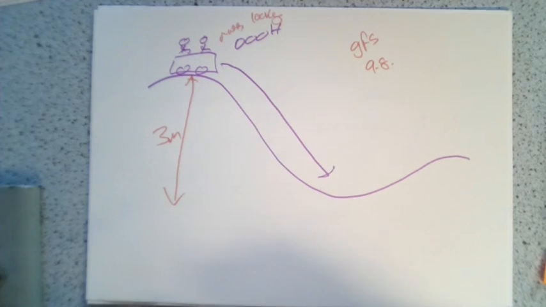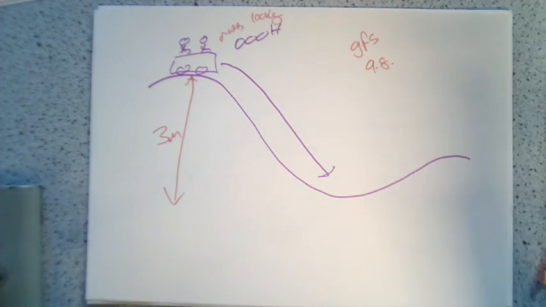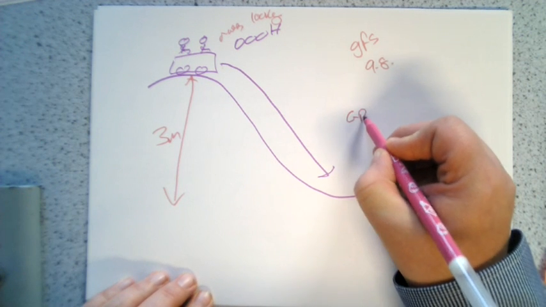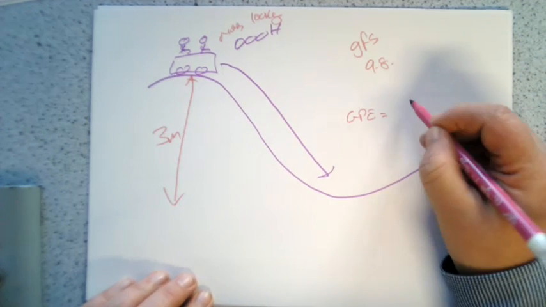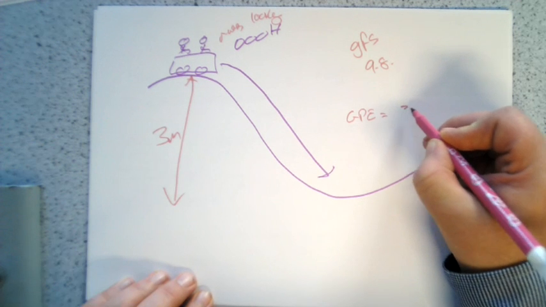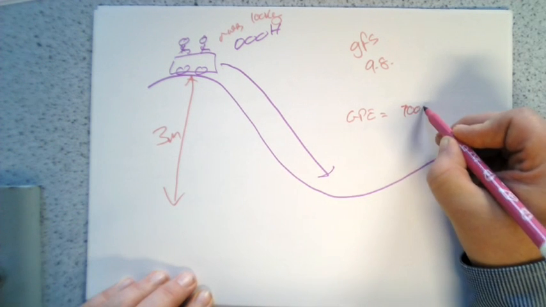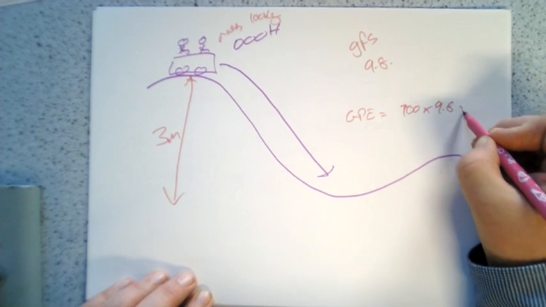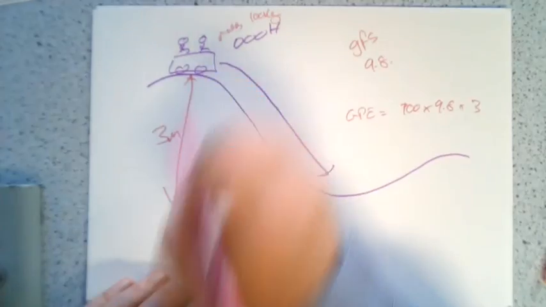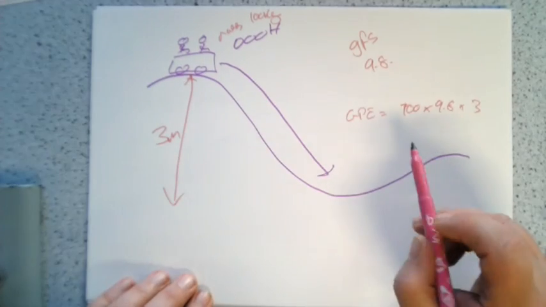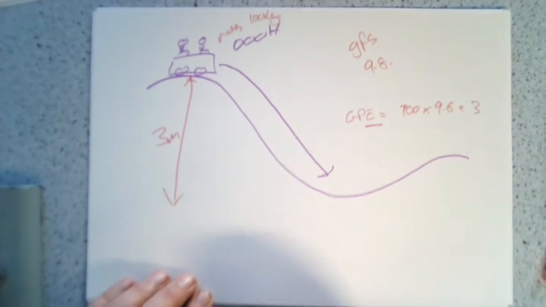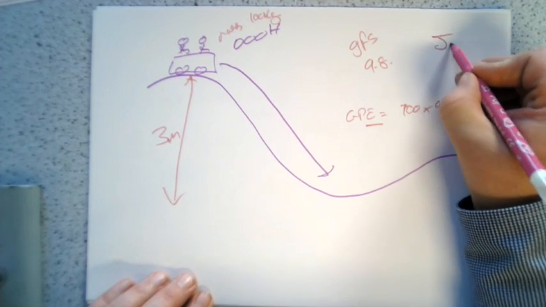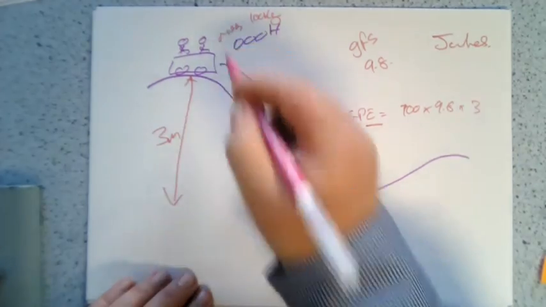Now, if I think about my equation, I want to work out the gravitational potential energy, so GPE equals mass, 1,000, multiplied by 9.8 times 3. And that would work out how much energy we've got up here. Remember, energy, gravitational potential energy, kinetic energy is always in joules. So we've worked out this.